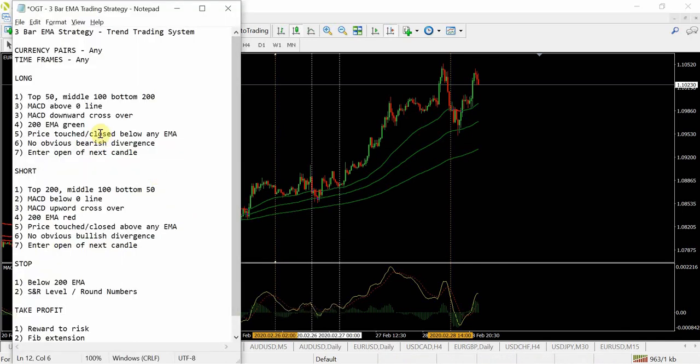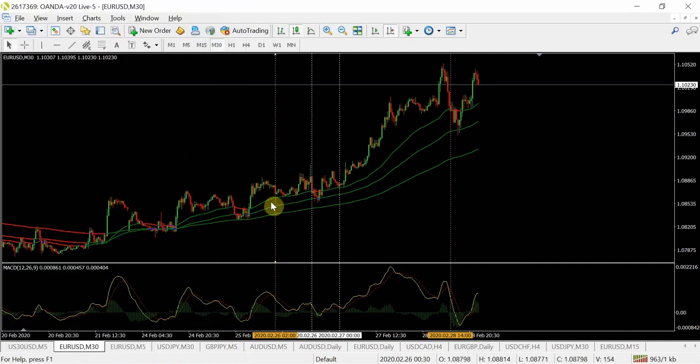And again, price touching or closing below any of the EMAs: as you can see here, we are still a little further away from touching any of the EMAs. Again, this wouldn't be a valid signal, even though you can see the future and it gives you a nice trend here. But this is not what we're looking for. We're trying to be stringent with the rules.